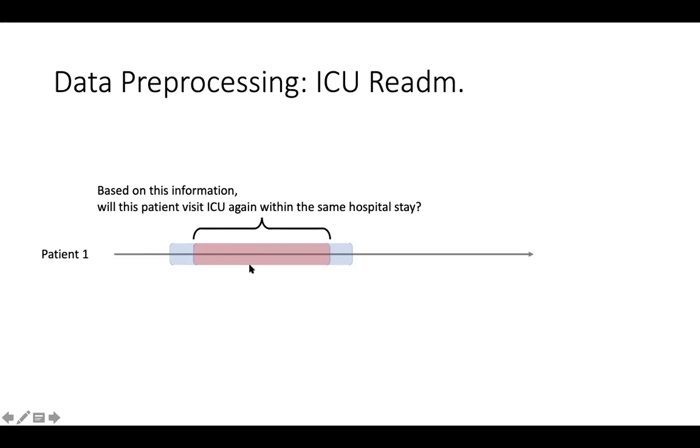But for the sake of simplicity, I'm just going to show an example where we only use the information that occurs within this red strip, the ICU stay. So the task is using information that occurred within this red strip, and then trying to predict whether this patient will be admitted to the ICU again within the same blue strip, which obviously for this patient is a negative case.